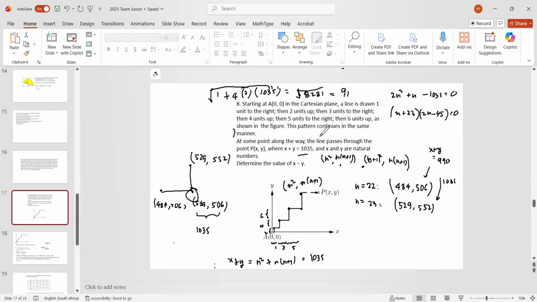At some point along the way, the line passes through this point, and we've identified that point as this thing, and calculate x minus y. So x minus y is just the difference between these two. So that's the answer to that question.